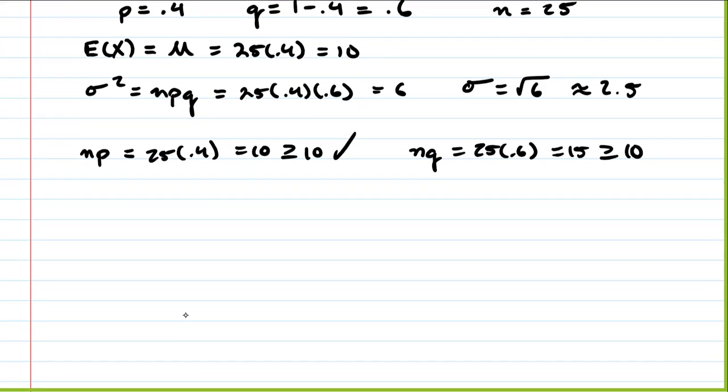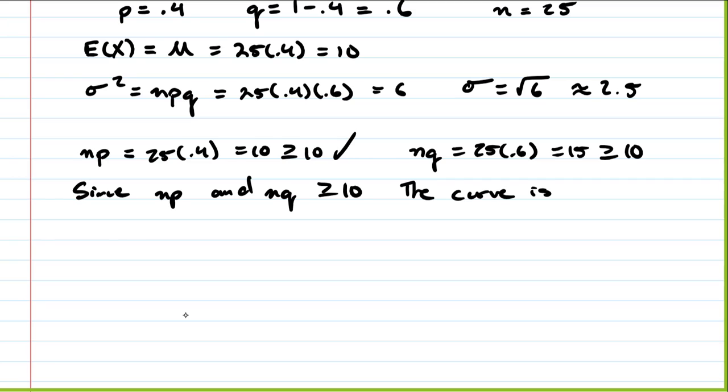So since NP and NQ are greater than or equal to 10, the curve is symmetric and bell-shaped.